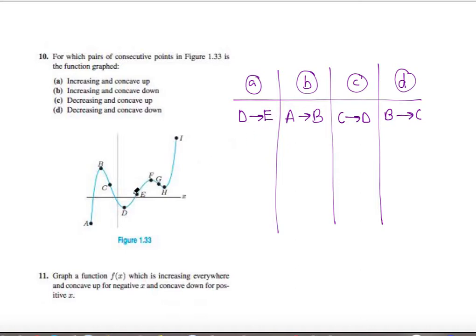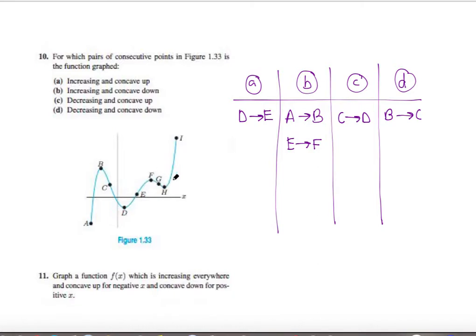From E to F, I'm increasing, but now I'm concave down. You can see this kind of flipped over to curve downward. So from E to F, I'm increasing concave down. From F to G, it's not very easy to see, but I can very safely assume that this U shape continues similar to how it did on the left-hand side of the graph.